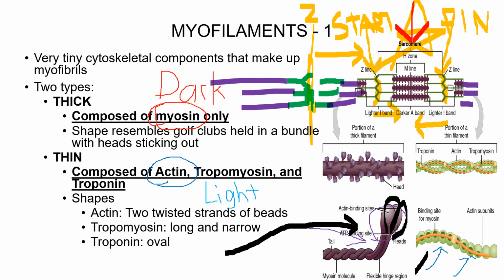And these golf club heads fit really snugly in these holes inside of the actin. So what happens is myosin binds to those holes with actin, and then with the help of ATP actually moves it towards that midline, so the start line and the finish line of the sarcomere actually get closer together.